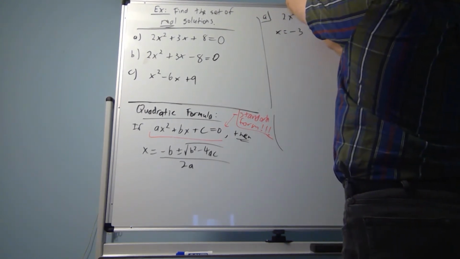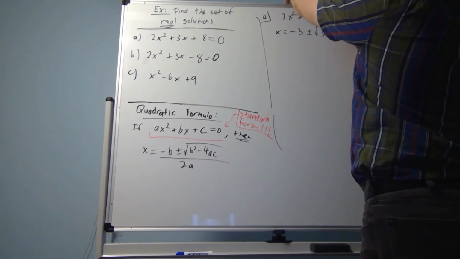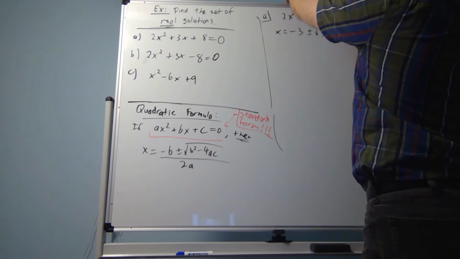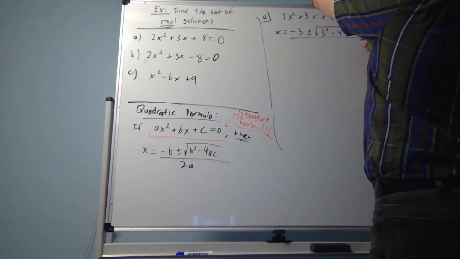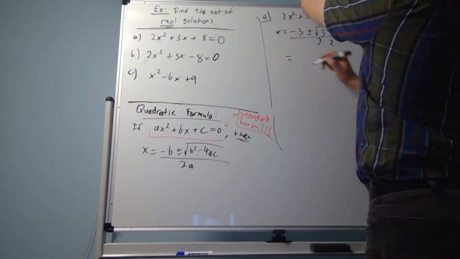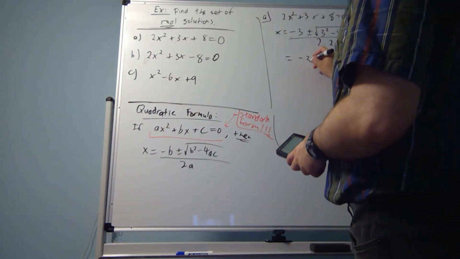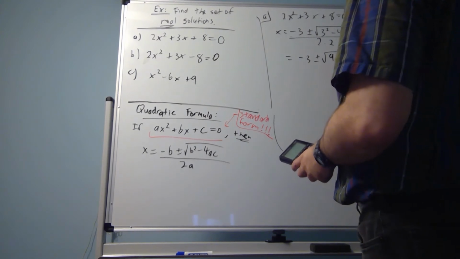x is negative b plus or minus the square root of b squared minus 4 times a times c, all over 2 times a. So let me just get the calculator now, because I can do this in my head, I just don't necessarily trust myself to get it right.